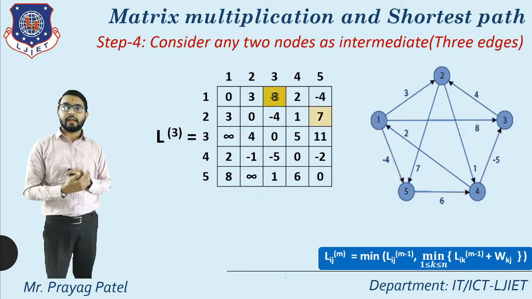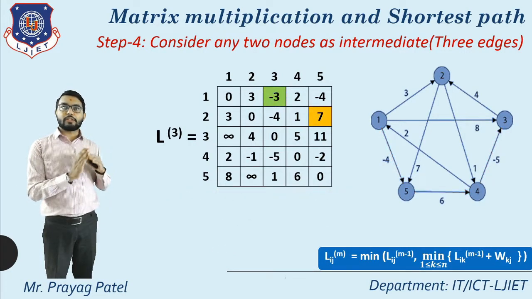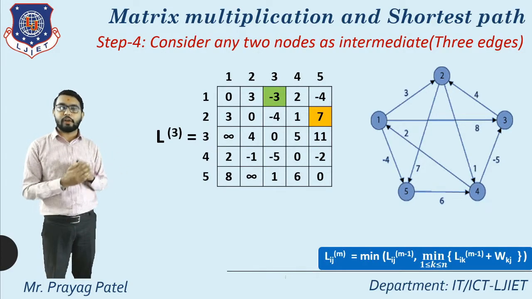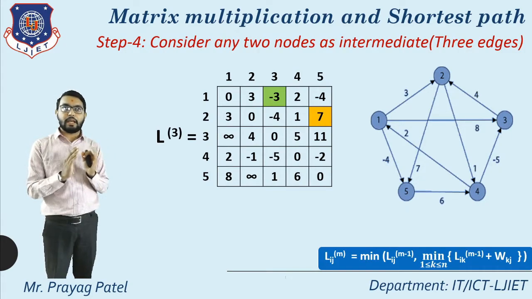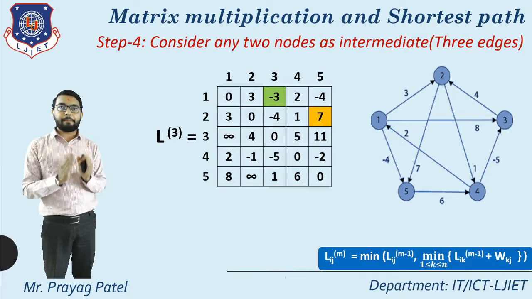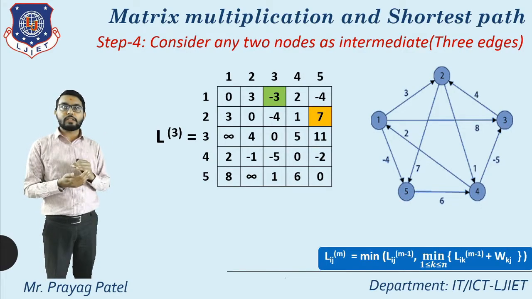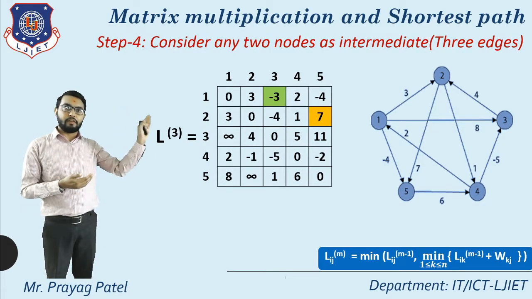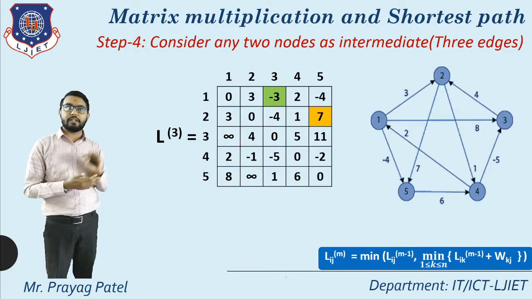Now consider the next locations. Here consider locations 1, 4, 1, 5, and so on for each and every location. For each and every location you check two nodes as intermediate, and whether any path is available or not. If a path is available and the new distance is smaller than the old distance, then you replace it. Here in the first row, only one location, 1, 3, is changed.